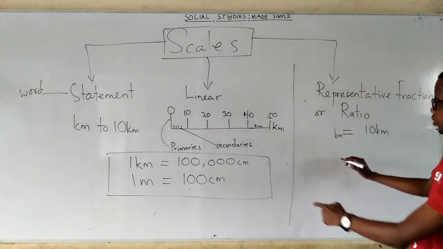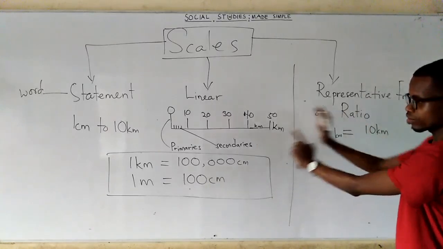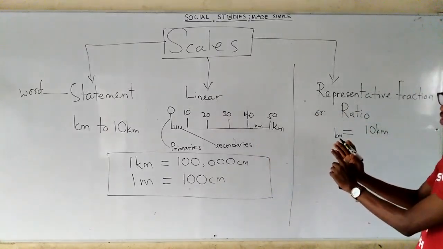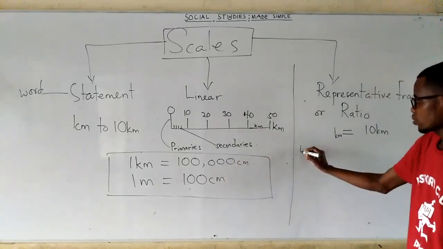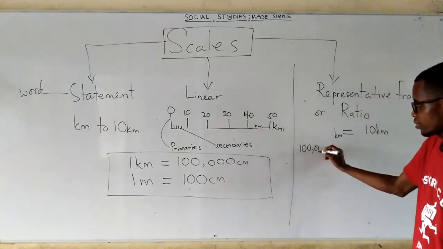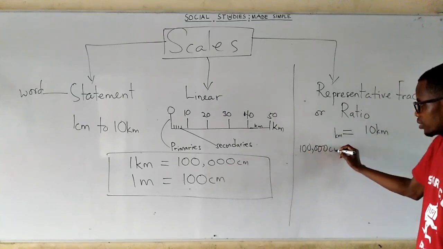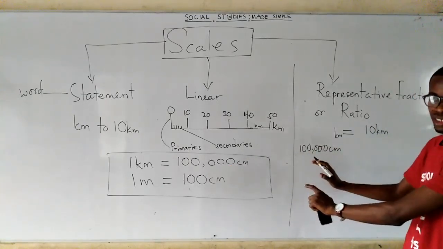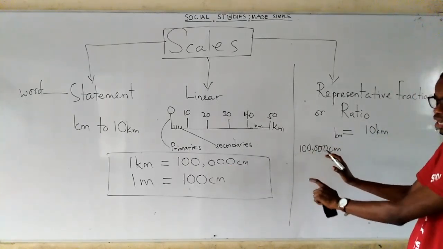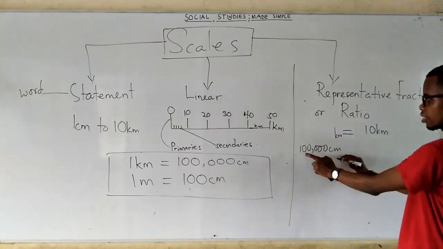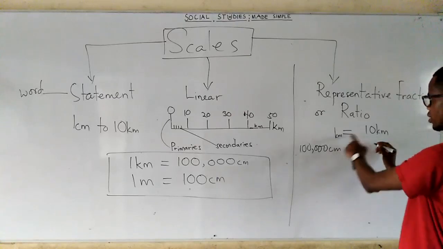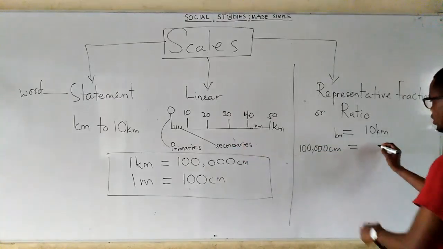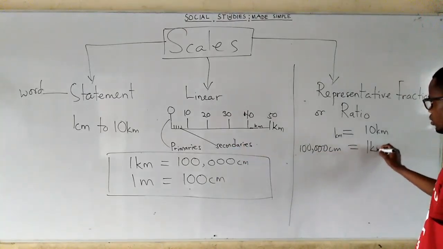Then I'll just bring the formula in. So which one will come? You put the ones in centimeters on one side. Which one is in centimeters? This one. So 100,000, you just put it on one side. This is for simple beginners who want to understand this calculation. You put the 100,000 centimeters on this side, and then the 1 kilometer, you bring it on this side.